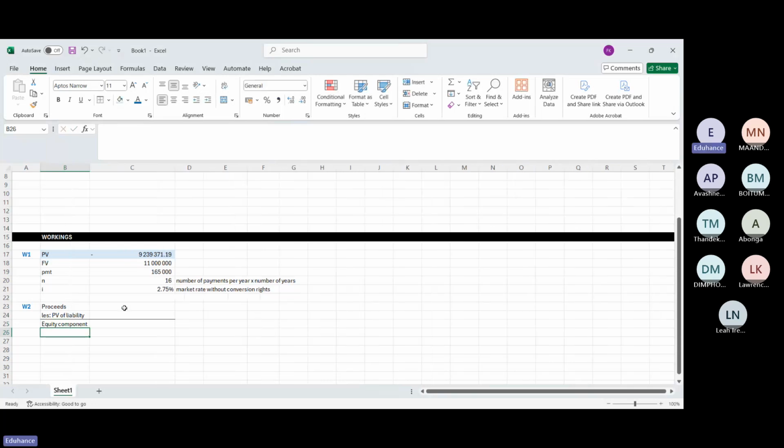Our proceeds, we know, are 10 million. The liability component is that, so the equity component would simply be the difference. So that is my equity component.